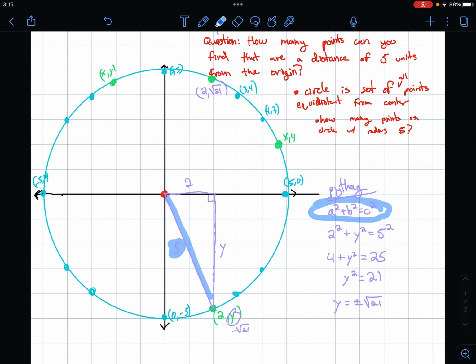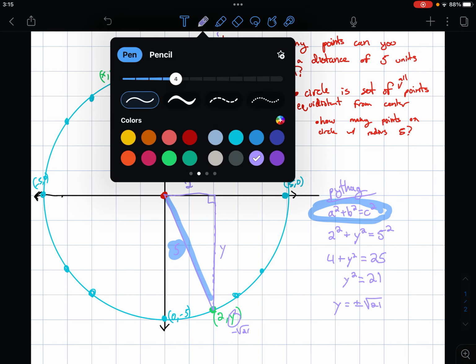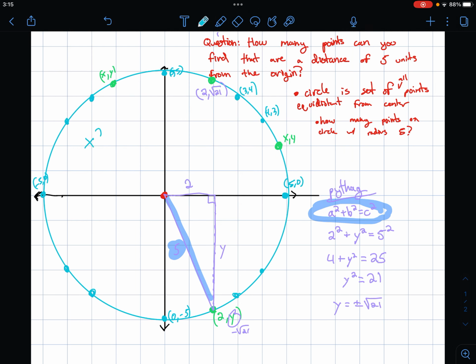So for this circle, I could say that my equation has to be x squared plus y squared equals c squared, but c is our r squared. And that's literally just the Pythagorean theorem. Our a, our leg, is just represented by the x coordinate. Our b squared, our other leg, is represented from the change in y, or the y coordinate.